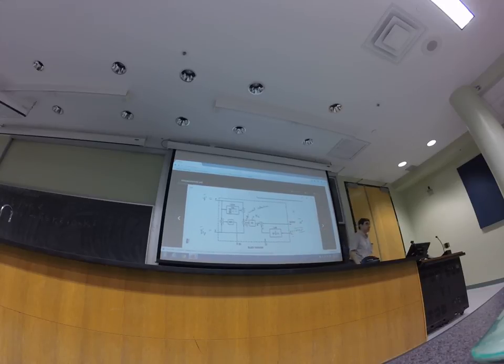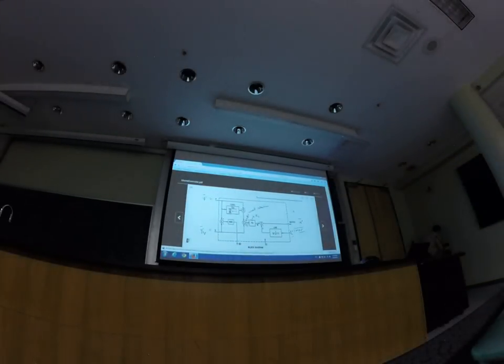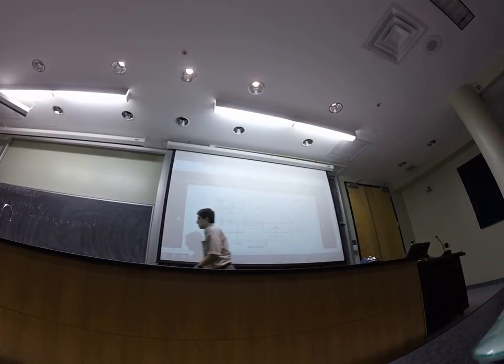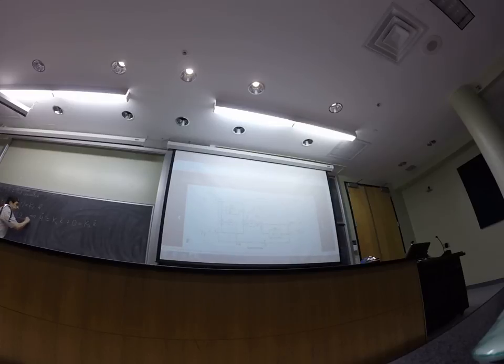So let's see what happens. Now, tau d equals 0, F connected to output, that was U prime bar.